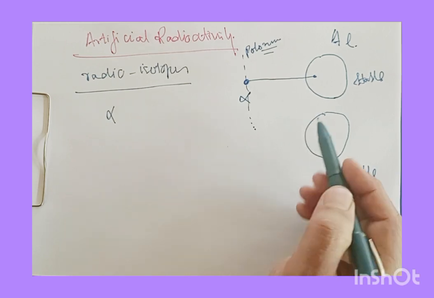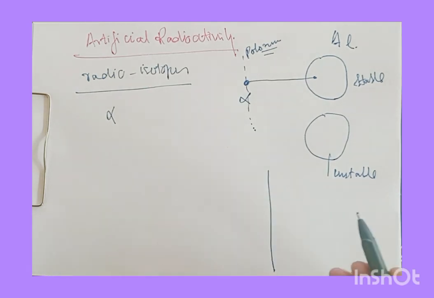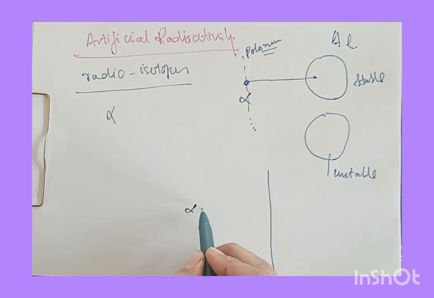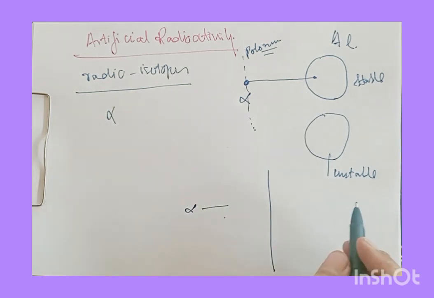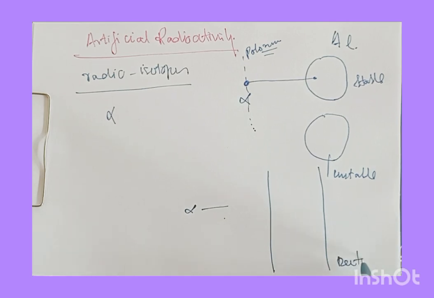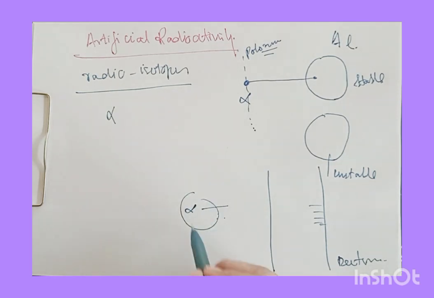So the experiment was that you have an aluminum foil, and we are bombarding this foil with alpha particles. And what they observed using a detector was some kind of penetrating radiation, even after the polonium source was taken away and the bombardment of aluminum with alpha particles was stopped.